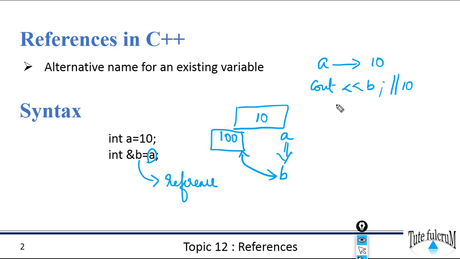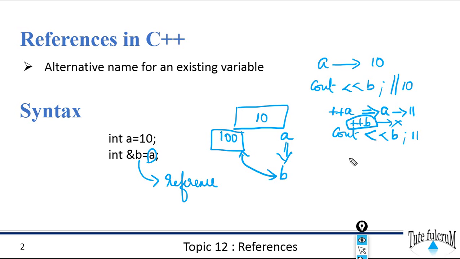If you make a change to a, let's say that we are incrementing the value of a, now a becomes 11. Without doing an increment operation on b, you could see the content of b will be 11.